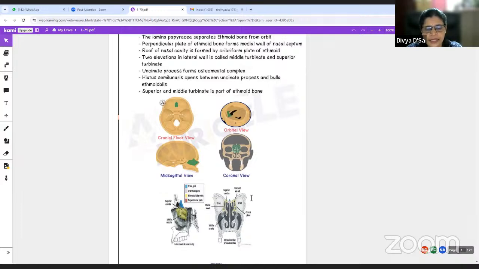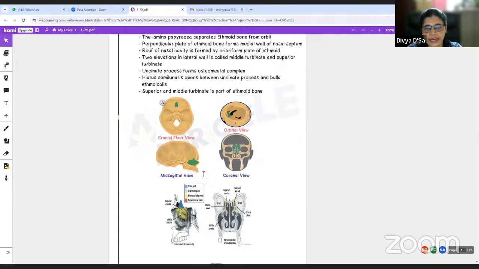Then there is the uncinate process. The uncinate process will form the osteomeatal complex. It is not seen here. The hiatus semilunaris is seen when we take a section of the nasal cavity.